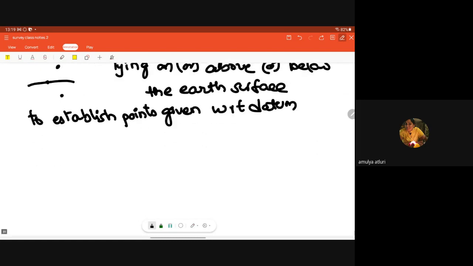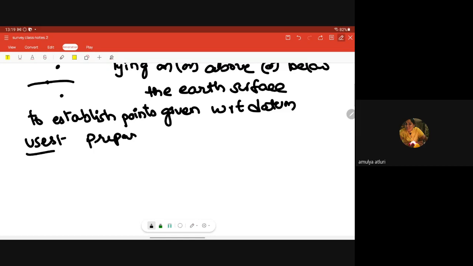Next, what are the uses of leveling? With the leveled data, what can we do? We can prepare contour maps, as we dealt with in the last class. Contour is the line joining points of equal elevation.